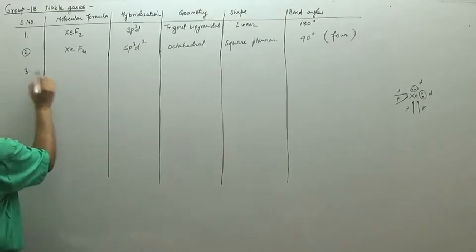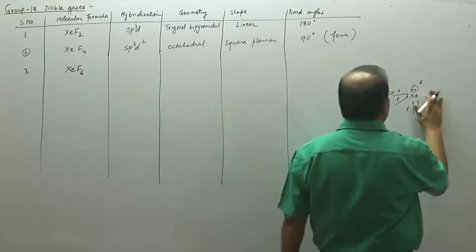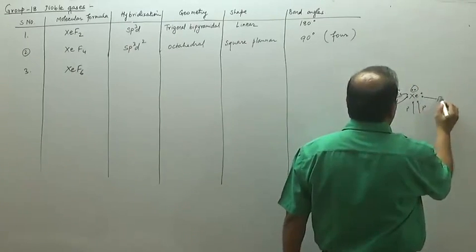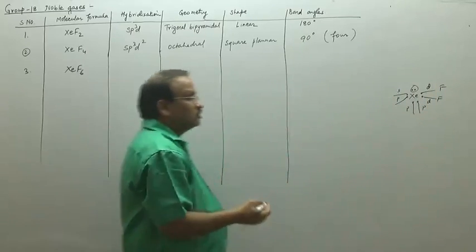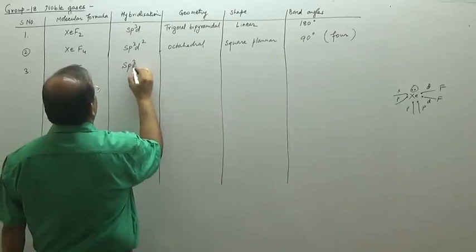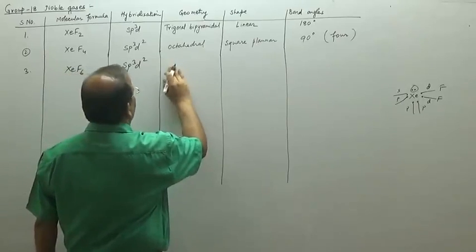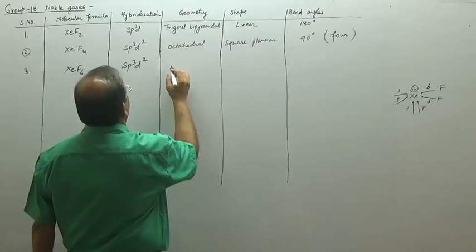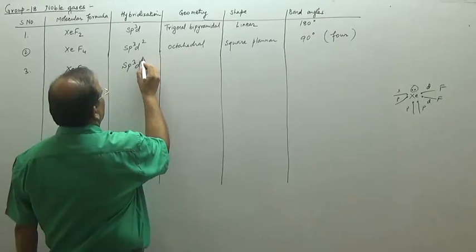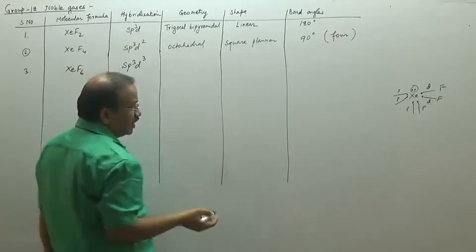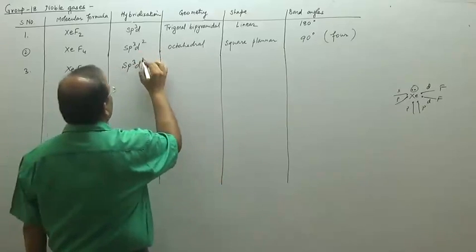Next I can write HCF6. In this case 2 more fluorines are added, so p, d and d. One lone pair is there. So it is sp3d2 hybridization. Strictly it should be sp3d3, pentagonal bipyramidal, but there are very few pentagonal bipyramidal compounds, so you predict it as sp3d2.